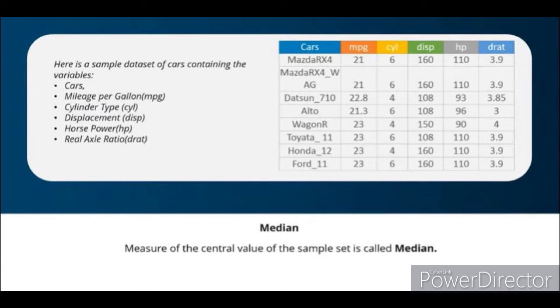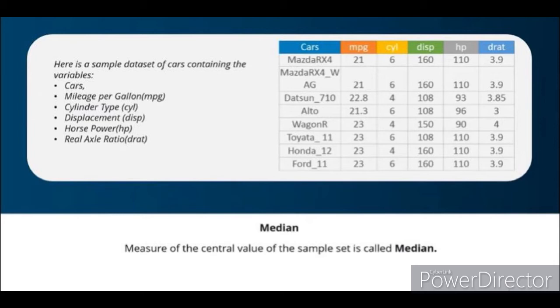Alright. Now let's understand what median is with an example. The median is basically a measure of the central value of the sample. The median is the middle value. So if you want to find the center value of the mileage per gallon among the population of cars, first what we'll do is we'll arrange the MPG values in ascending or descending order and choose a middle value.